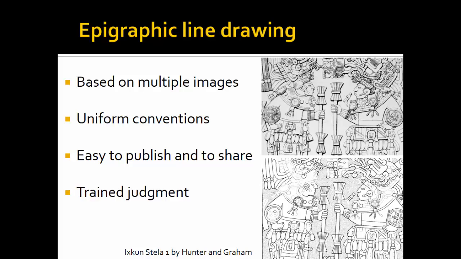So line drawings in epigraphy are a key tool of communication between epigraphers, and also between epigraphers and non-epigraphers. We trust each other in reducing the amount we need to stare at the surface of an object using different directions of light by creating these maps, and that's what they are effectively, of the image and the text on monuments. And of course, we use certain types of conventions to do so.